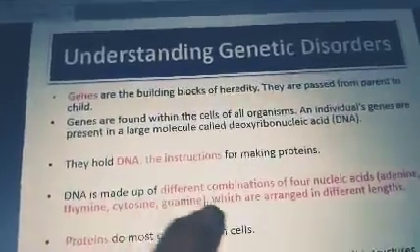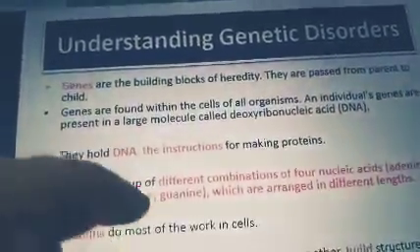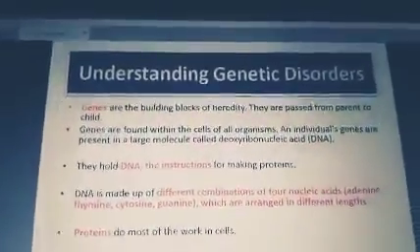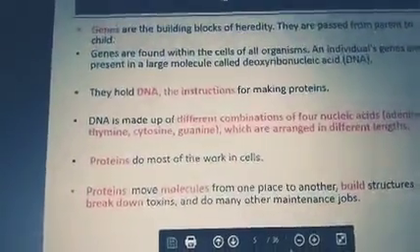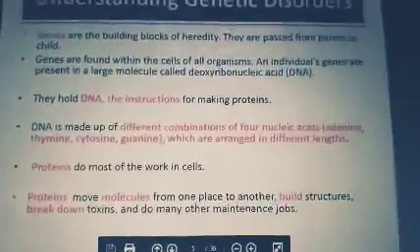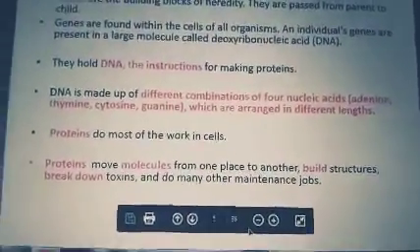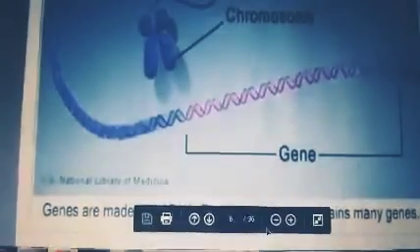DNA is made up of different combinations of four nucleic acids, and we should be aware of them: adenine, guanine, thymine, cytosine, which are arranged in specific patterns leading to specific genes. Proteins are the output molecules of any genetic process, which lead to a specific function and perform the metabolic orders, disorders, and everything in the body.